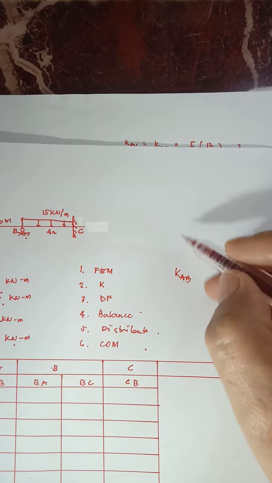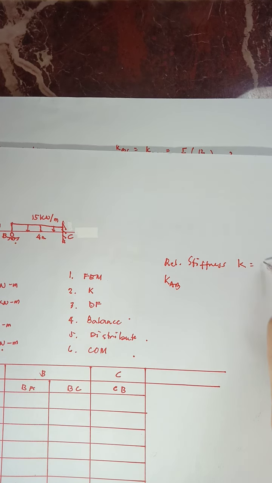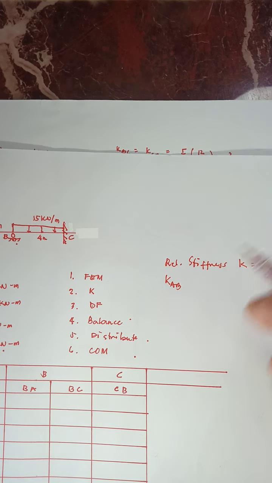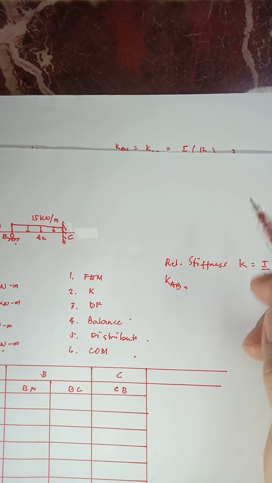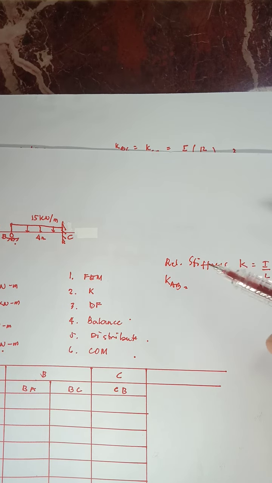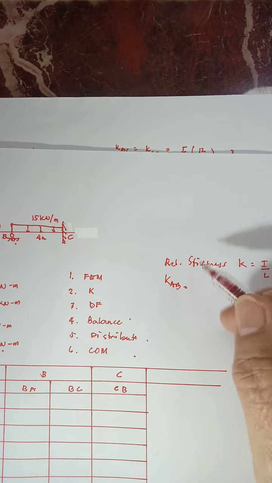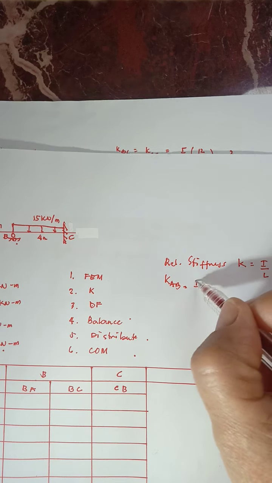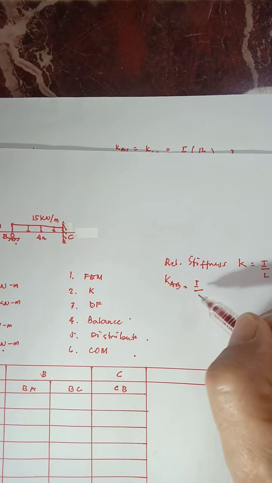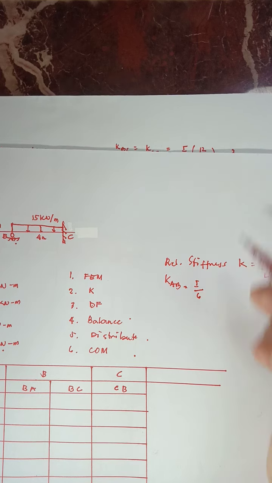Okay, so we will use relative stiffness, K equal to I over L. So for KAB, I is not given, it is a constant EI. Okay, so we have I over the length of AB, which is 6.